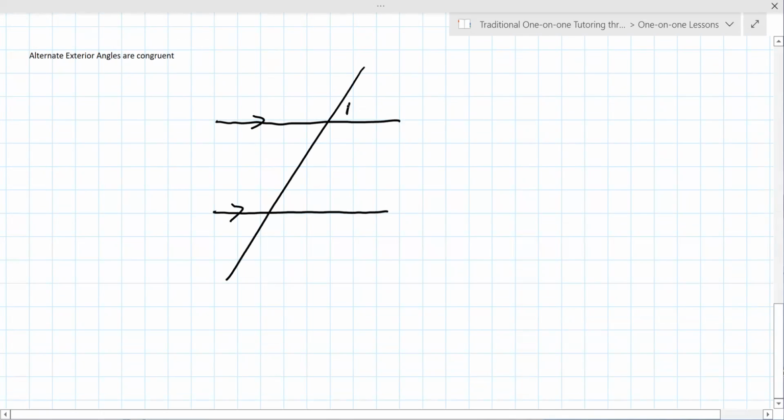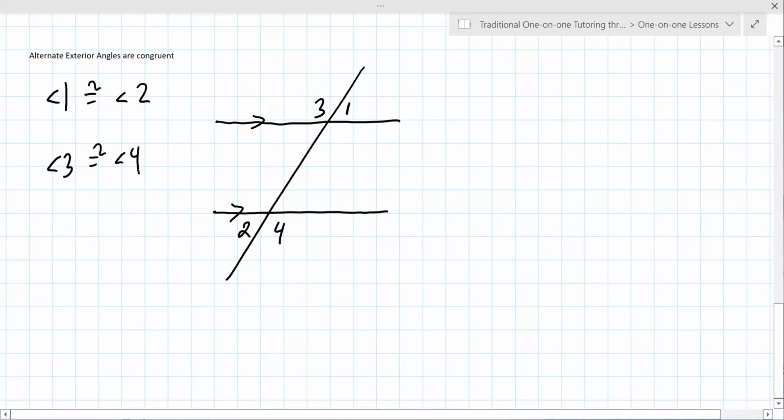Angle 1 and angle 2 are considered alternate exterior angles. I mentioned before, this region up above here and below here is the exterior. They alternate over the transversal, and they are congruent. So you'd write angle 1 is congruent to angle 2. Similarly, this 3 and 4 are also congruent.